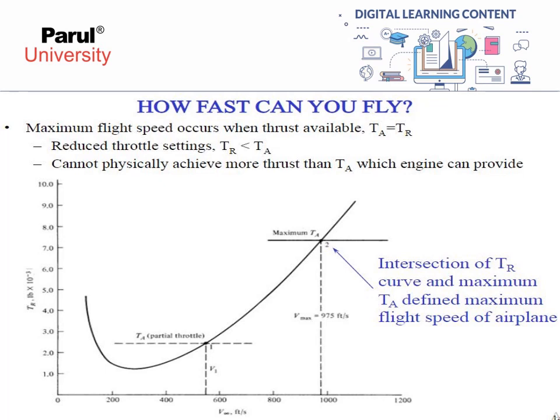Thrust required is equal to thrust available at point 1 and point 2, but at point 2 thrust required is equal to maximum TA, which gives the maximum flight speed of the airplane, and at a particular partial throttle it will be a partial velocity. Okay, we can go for the next.